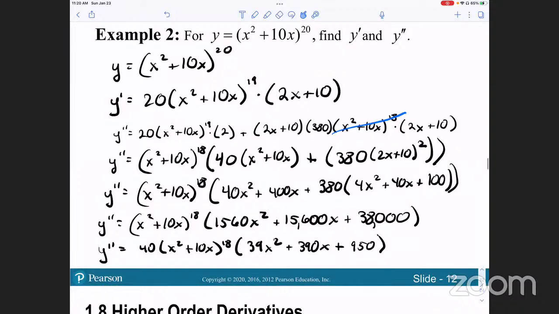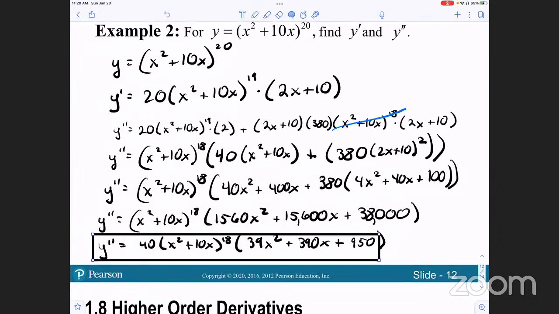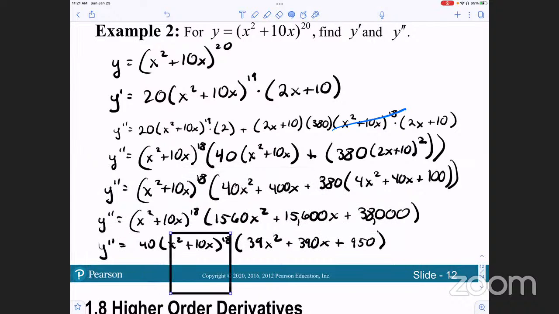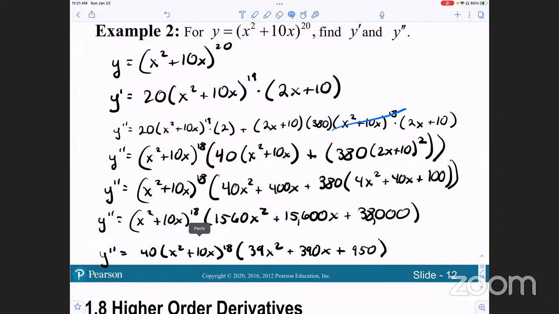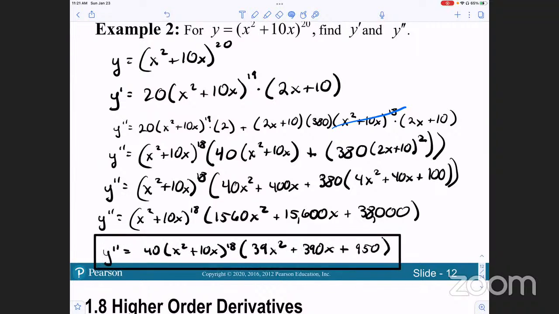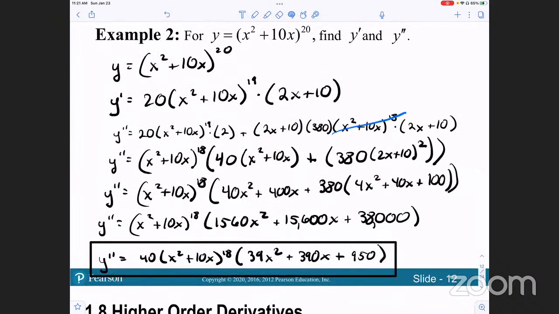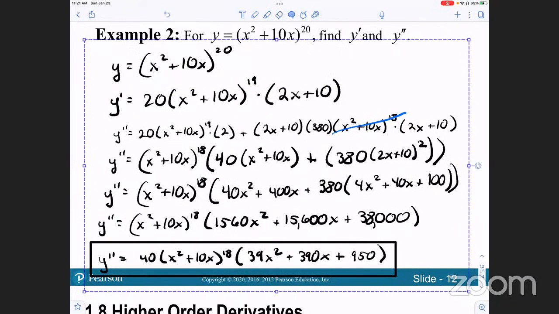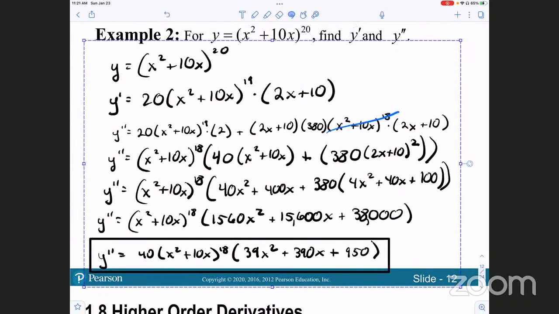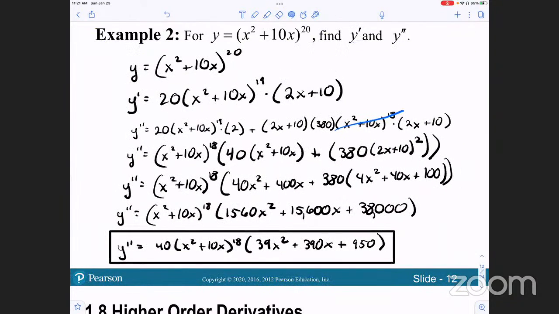Oh, I meant to put this in a box. Here and here.